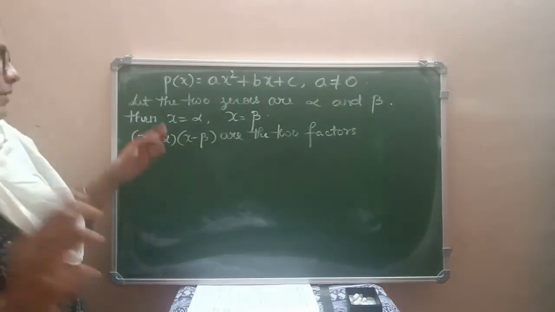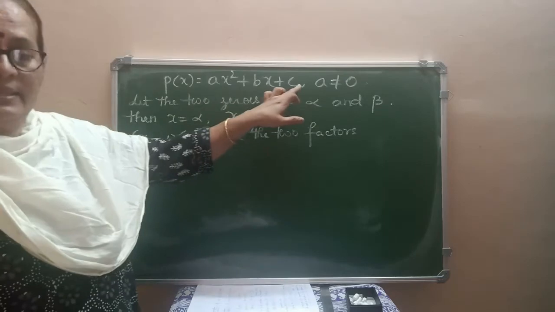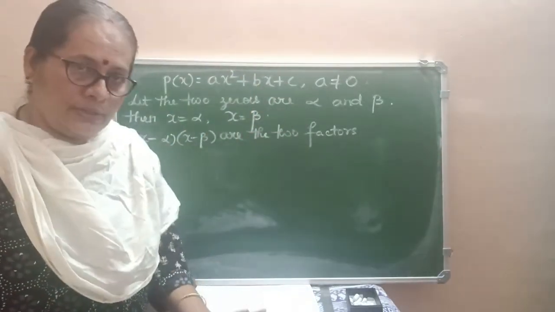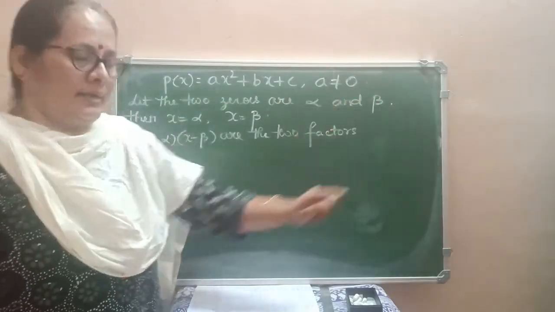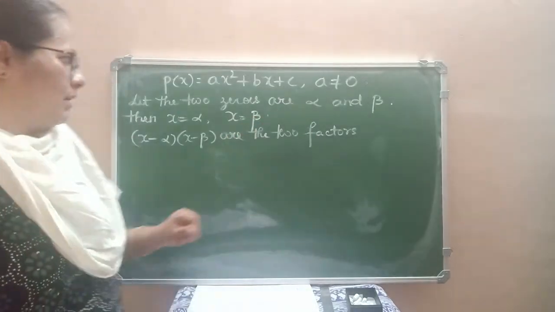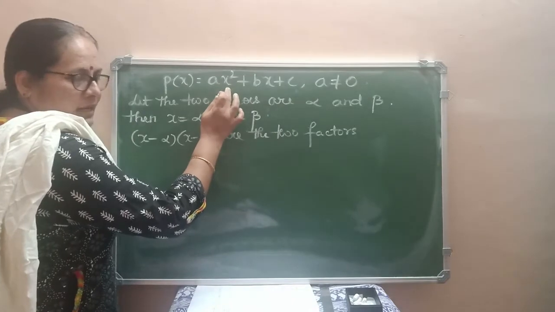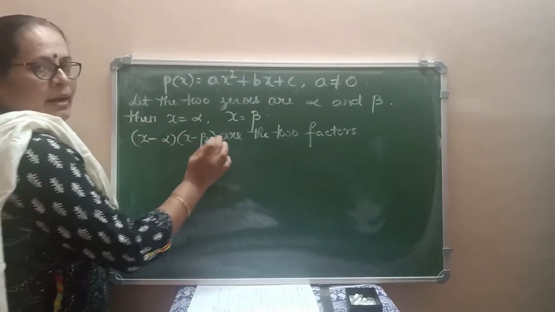So take a quadratic polynomial of the form ax square plus bx plus c. You know that it has at the most two zeros. So the two zeros are alpha and beta, that is x equals alpha and x equals beta. Now the two factors of this quadratic polynomial are x minus alpha and x minus beta.